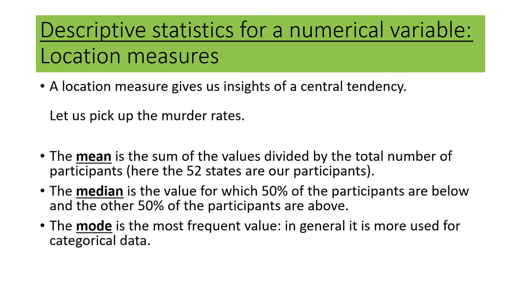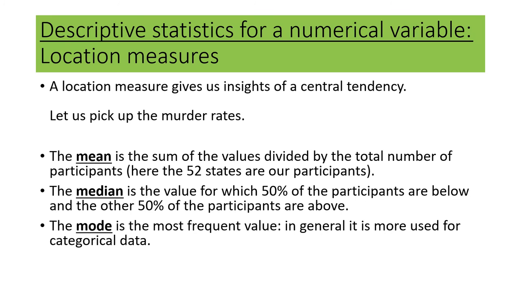So let's go back to some descriptive statistics that you should report when you want to report the distribution of a numerical variable. I would suggest you plot a histogram and a box plot, both of them, and report the median, Q1, Q3. The median, I already explained what it was. The mean is the average: the sum of all the values divided by the total number of participants.